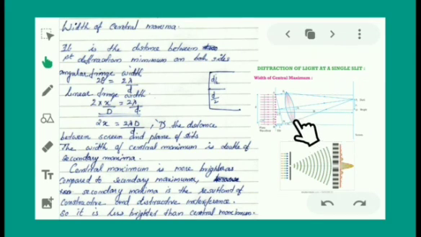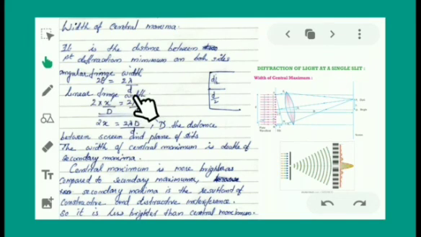Here this is theta and this one is also theta. So this is the central maximum, and this is the first minimum and this is also a minimum. So the width of the central maximum is 2 theta, that is 2 lambda/d. That is the angular width.